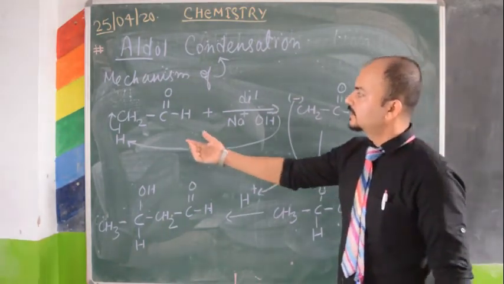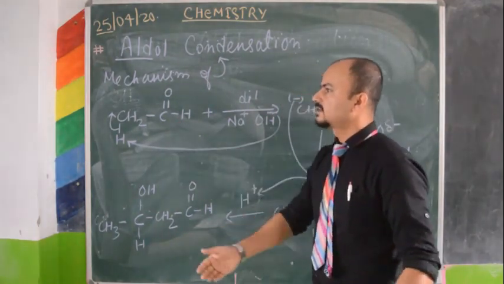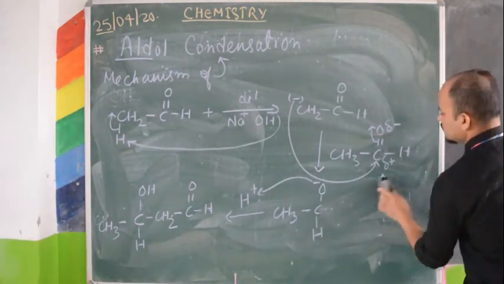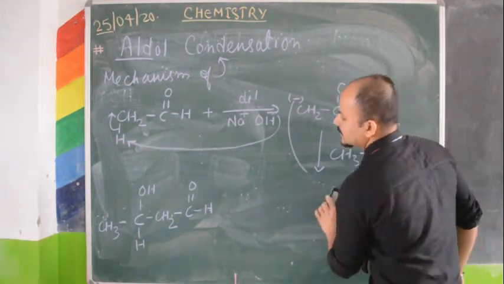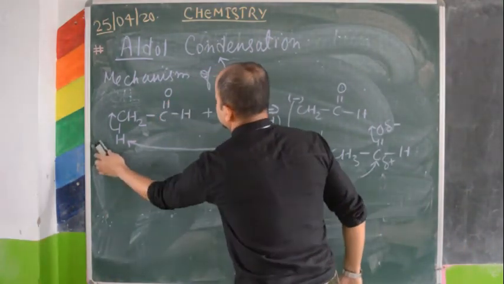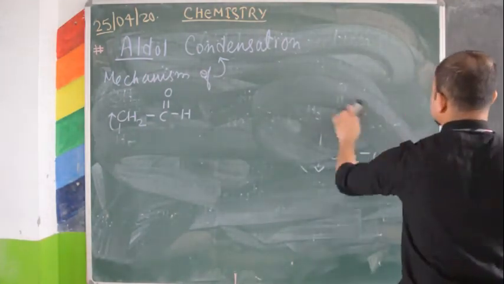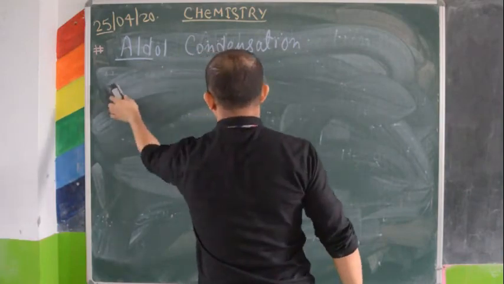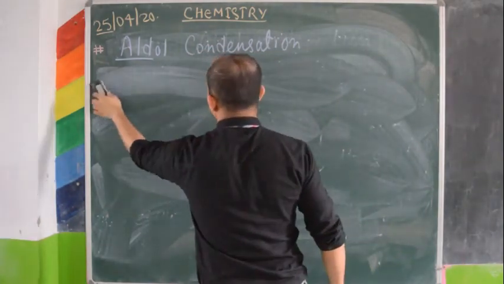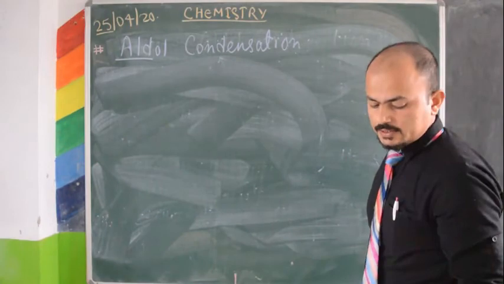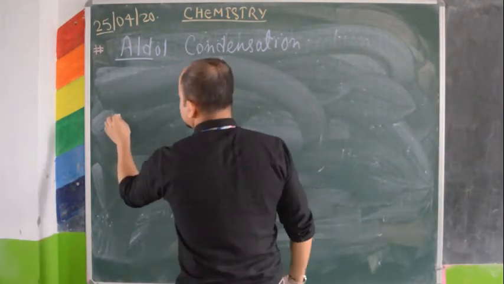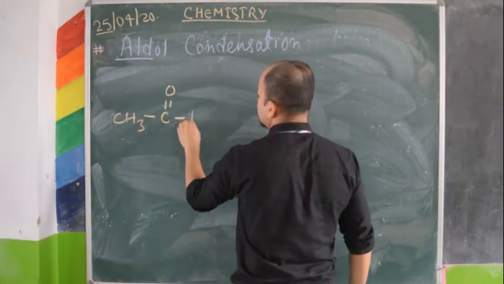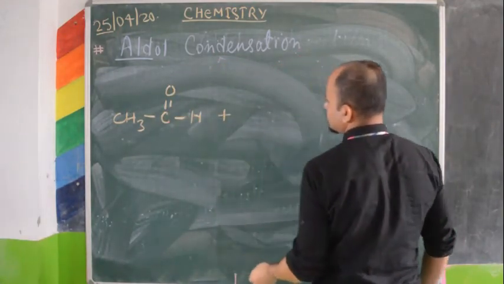Here we have taken the same molecule, acetaldehyde, one molecule of acetaldehyde reacting with another molecule of acetaldehyde. Now, your home assignment will be to write the product when different compounds are reacting with each other.